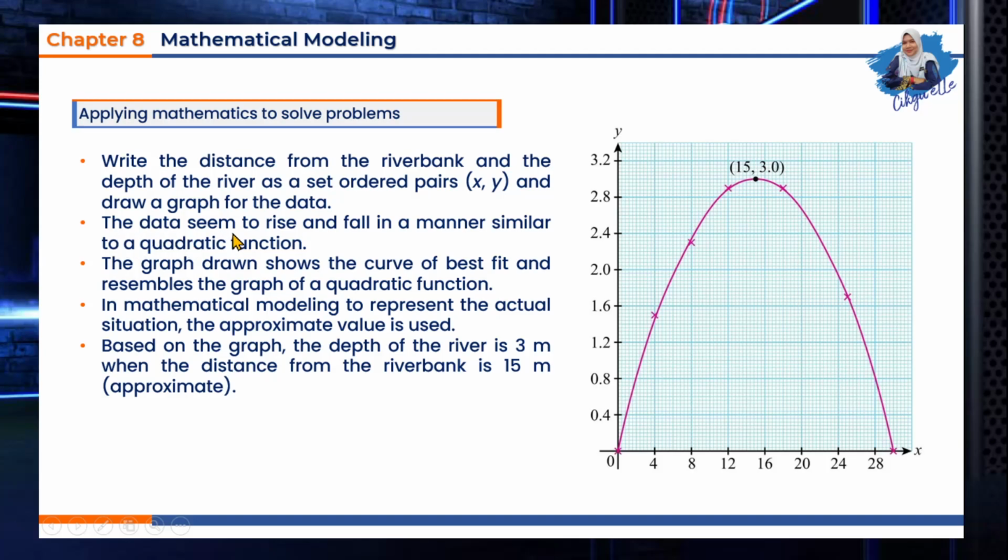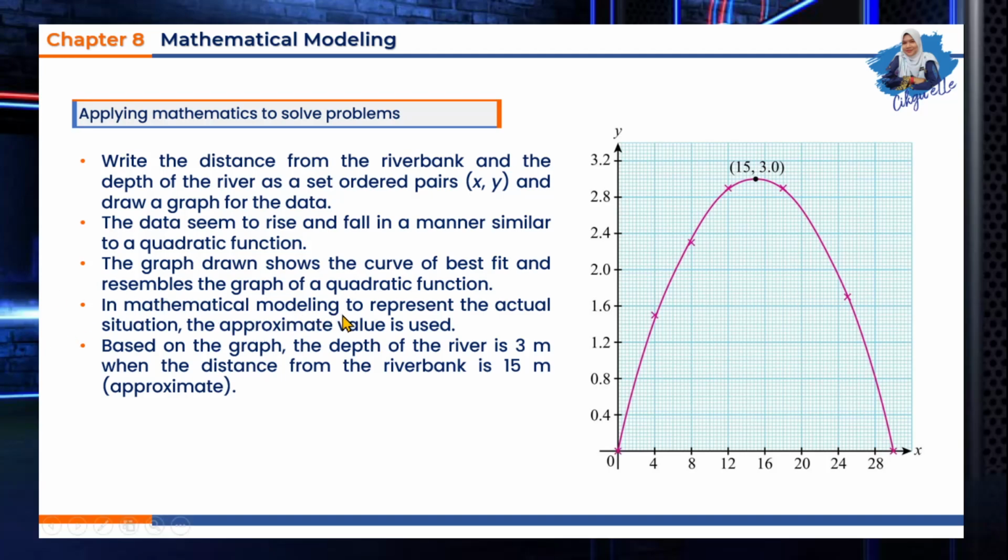The data seem to rise and fall in a manner similar to a quadratic function. When you join all the points that you have plotted, you will get a parabola. This is a quadratic function. The graph drawn shows the curve of best fit and resembles the graph of a quadratic function.